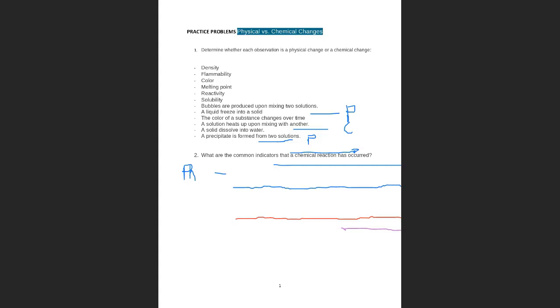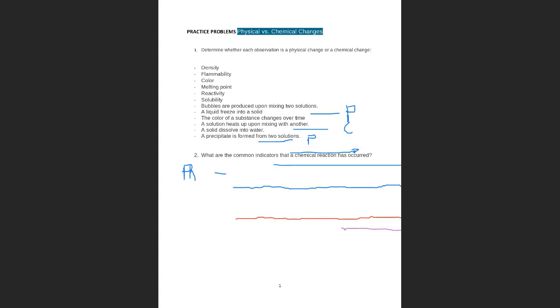What happens is that you have table salt, sodium chloride, the salt that you use in the kitchen. And then you have a little beaker with water, and you put the table salt in the beaker.